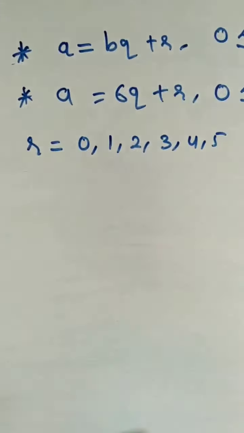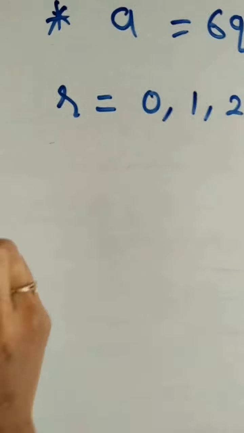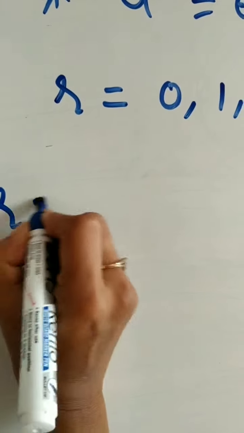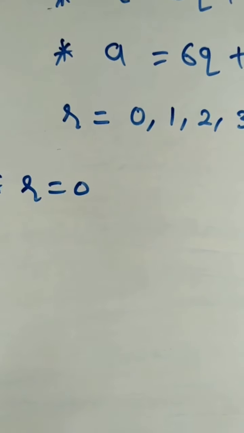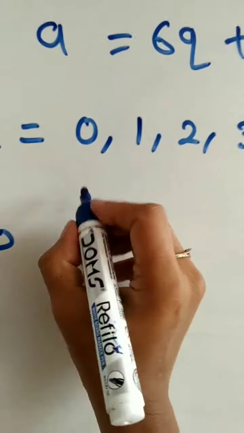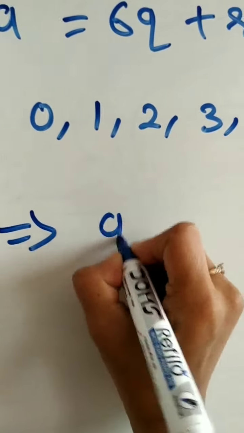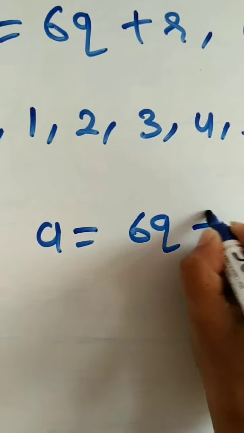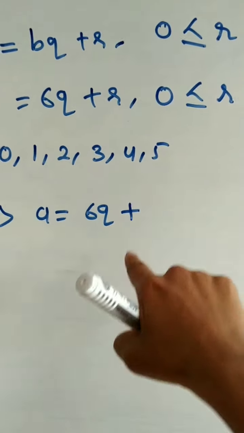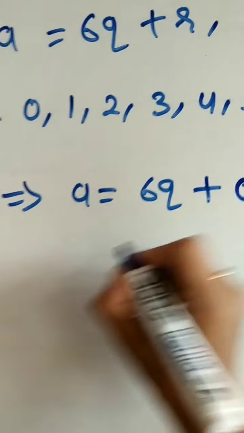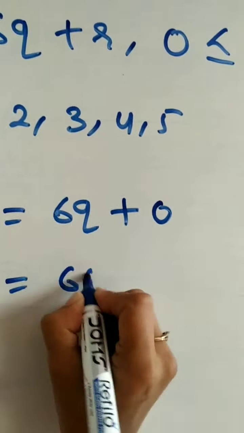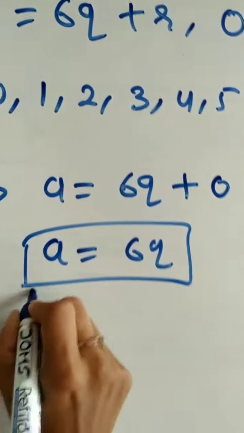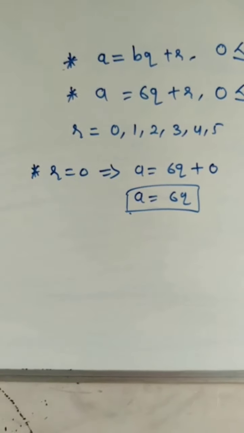So number-wise, first we take r equals 0 and substitute it in that condition. So we write a equals 6q, and in the place of r we write 0. So we got the value of a equals 6q. We will highlight it.